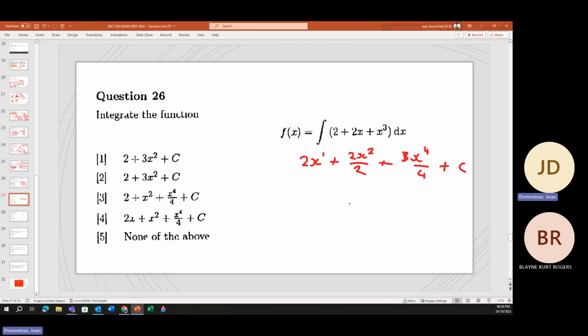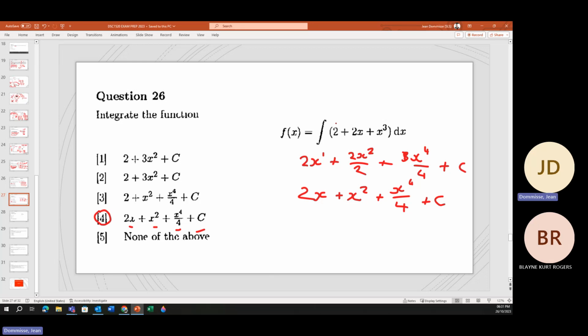Does that look right? So 2x plus x to the power of 2 plus x4 over 4 plus c. Sure. 2x, x to the power of 2, that one. Okay, so option 4.